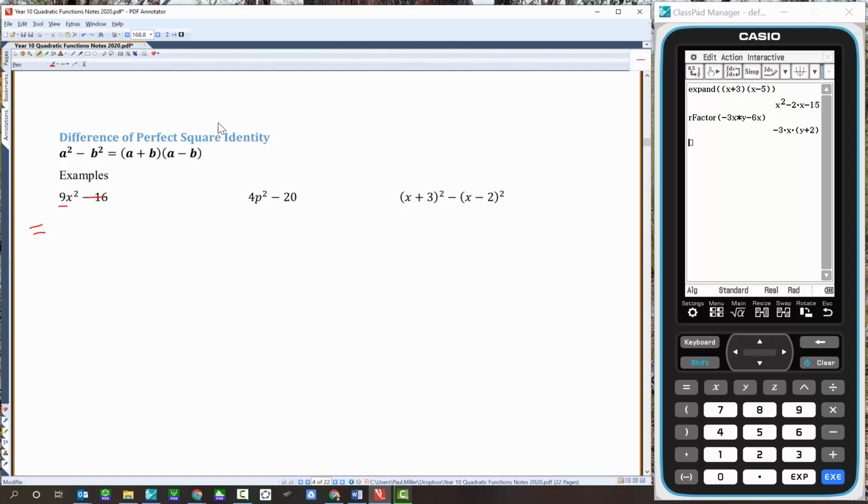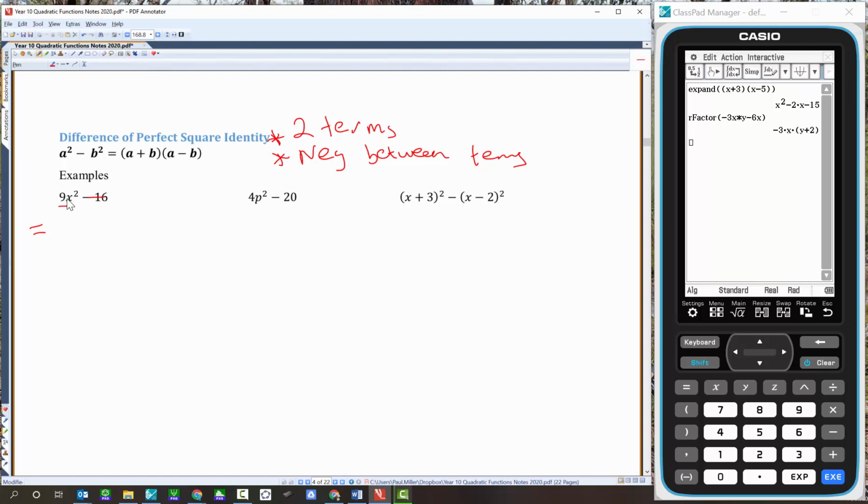When we're looking for whether we can factorize using this technique, it has to have 2 terms, and it must have a negative sign between the terms. Because, to be honest, girls, if we don't have the difference, then we can't use it, because it's not the difference of perfect squares.